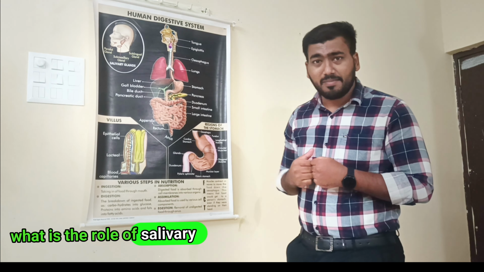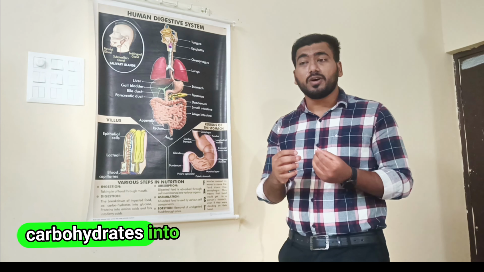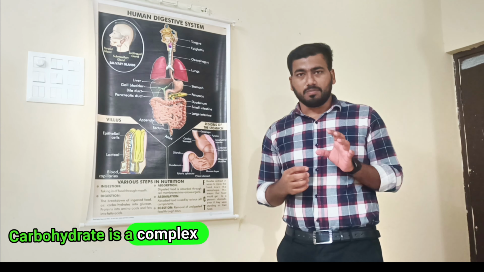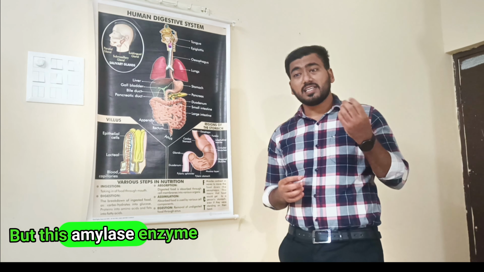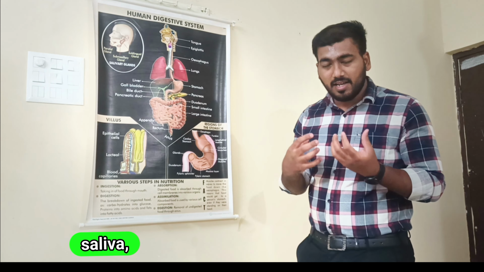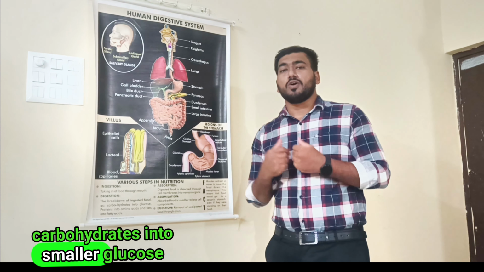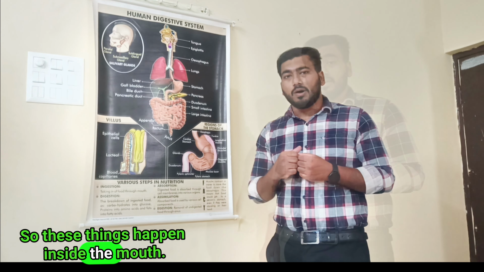What is the role of salivary amylase? Salivary amylase helps in the breakdown of carbohydrates into glucose. Carbohydrate is a complex form, made up of many molecules of glucose. But the amylase enzyme present in our saliva helps us to break down the carbohydrates into smaller glucose molecules. So these things happen inside the mouth.